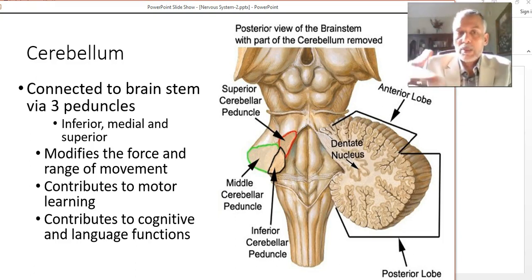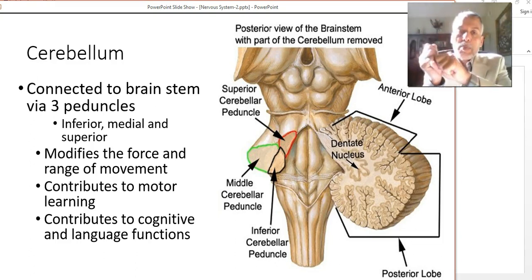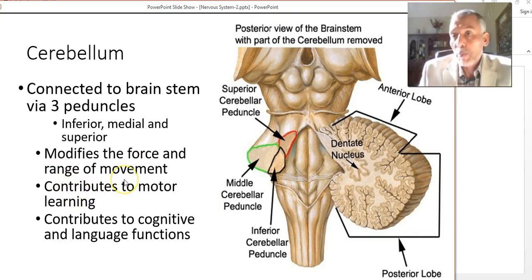So it modifies the movement. If you want to hit a ball, for example, how much energy will you put? What angle? And so on. So it modifies the force and the range of movement. And it is critical in sports. Very, very important in accuracy in sports. And it contributes to motor learning.